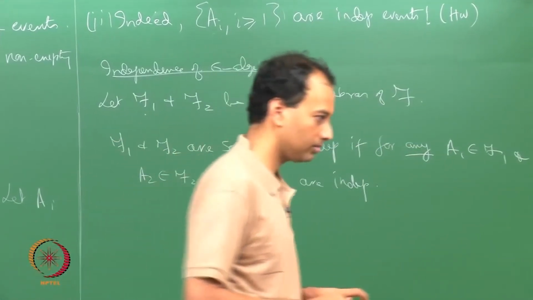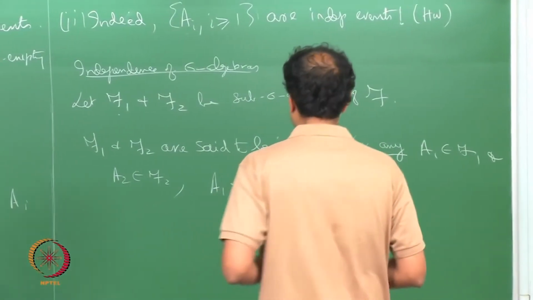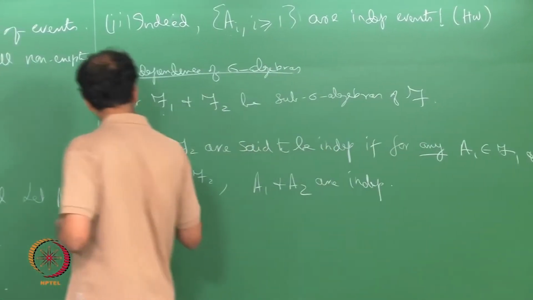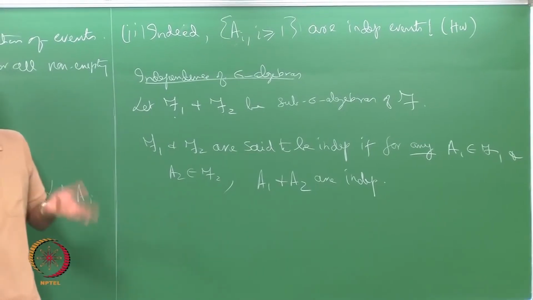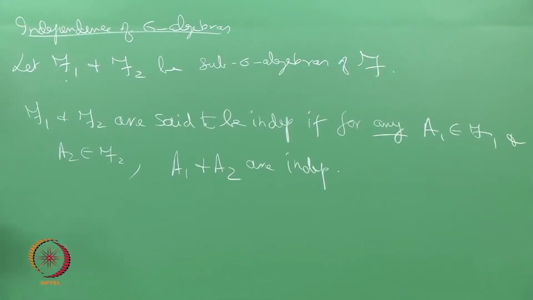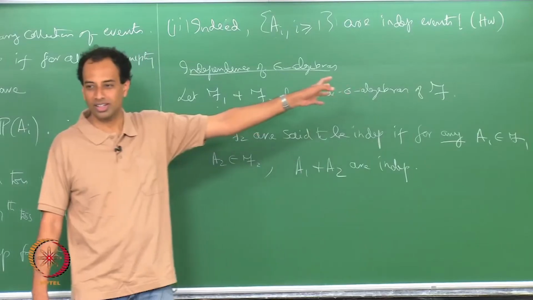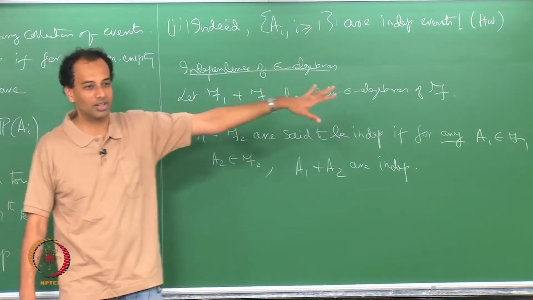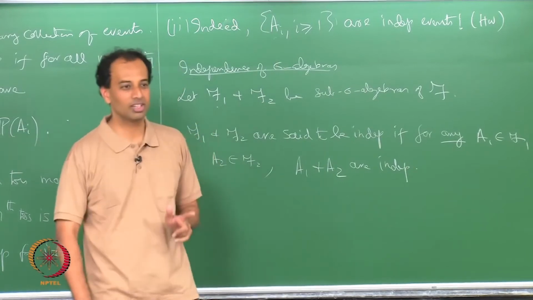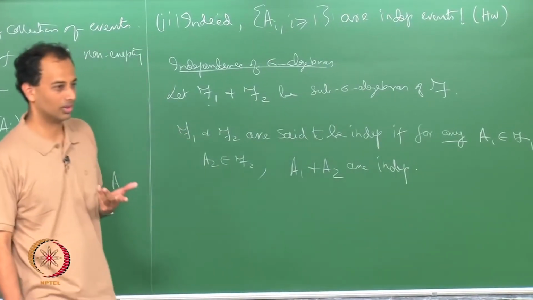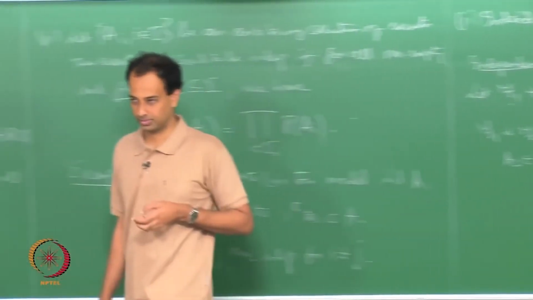See, if you happen to pick null or omega, it will trivially hold, right. If you pick omega from here and something else from F2, it will trivially hold. So for phi and omega there is no problem, but for the rest of the events the independence should hold.